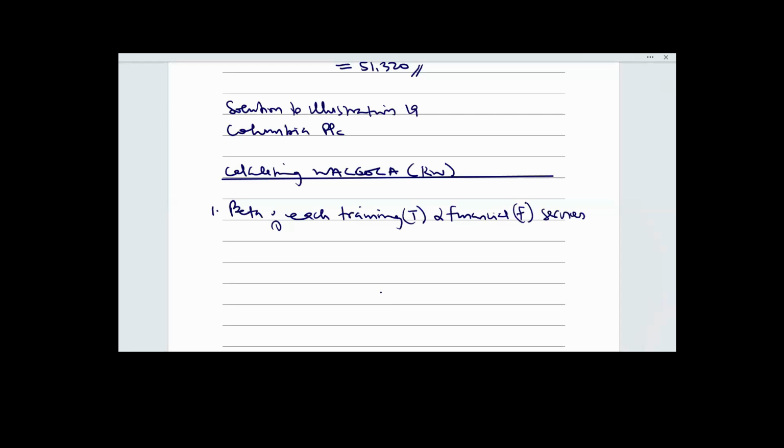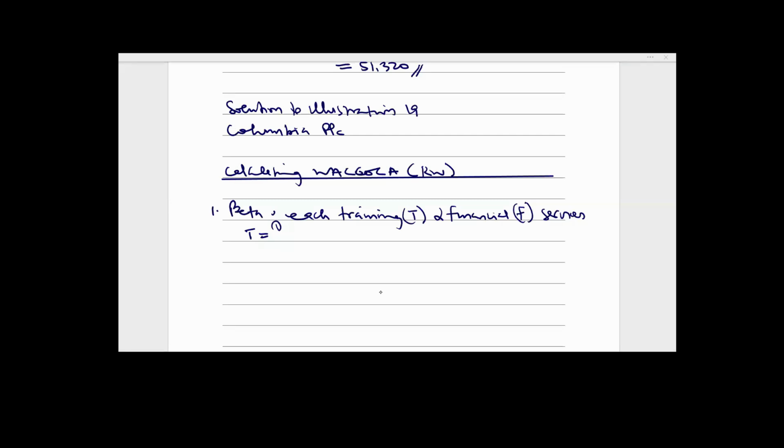So for training, let's go to the question. What's the beta of training? According to the question, in the second paragraph, we are told that the average beta and debt to total market value for the financial service sector: beta of financial service is 0.9.